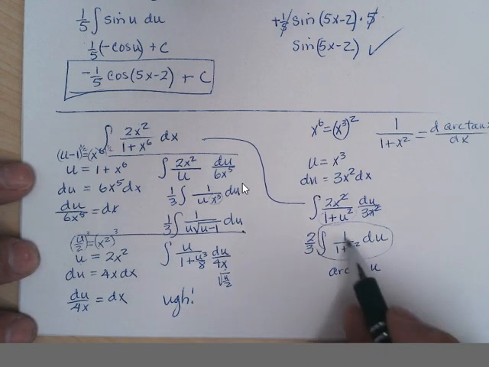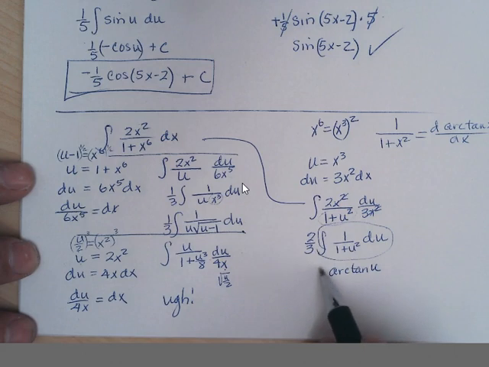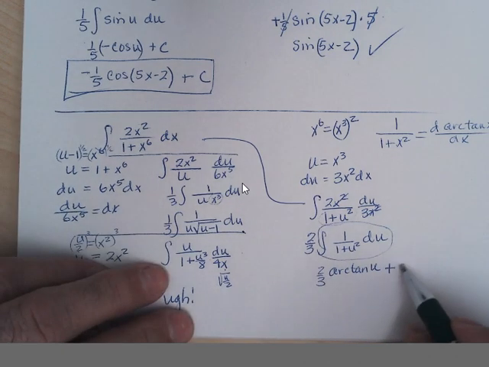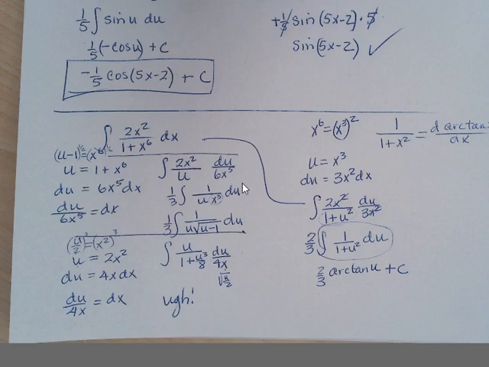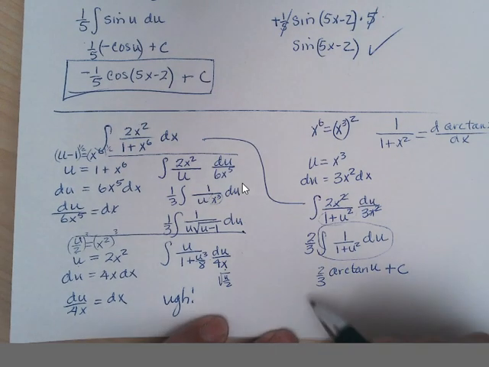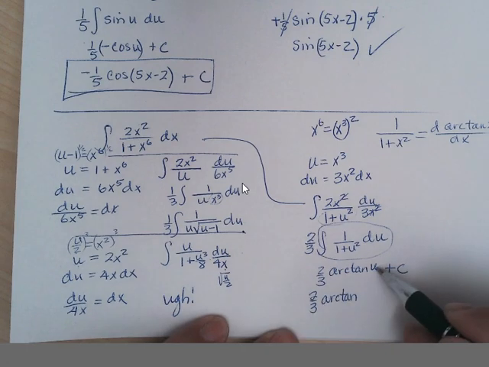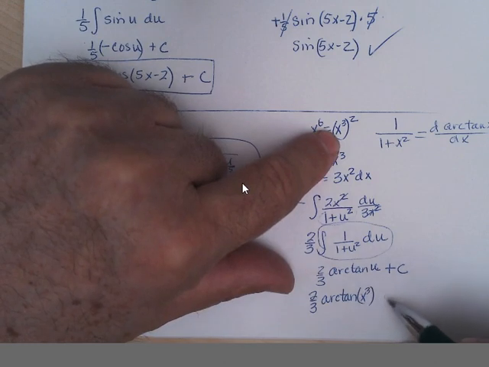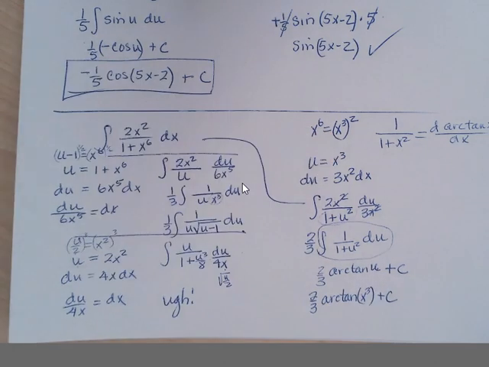The derivative of that looks like that. We have the 2/3 plus c. Now we need to take it clear back to x's, so we got 2/3 arctangent, and u we said was x to the third, plus c.